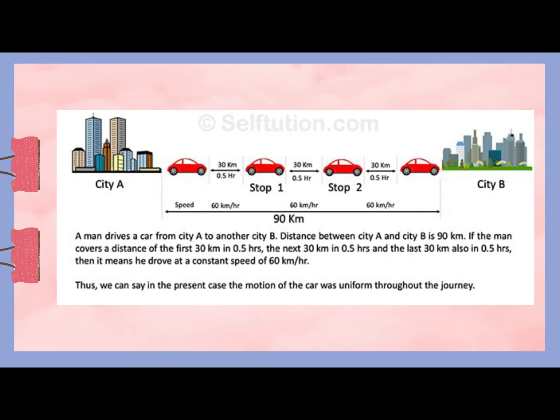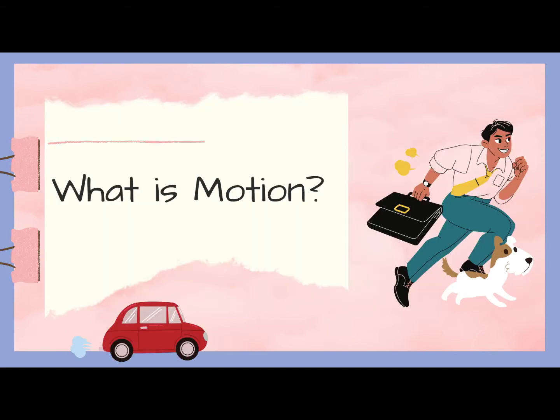Thus, we can say in the present case the motion of the car was uniform throughout the journey. So, what is motion? We can say motion is the phenomenon in which an object changes its position over time.